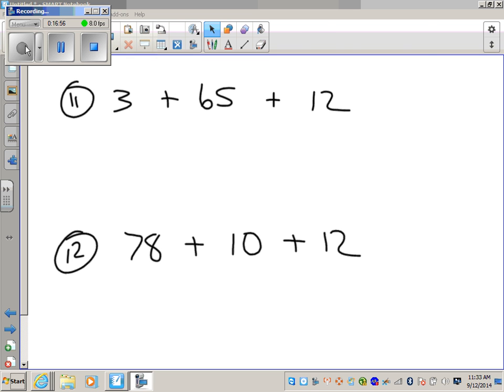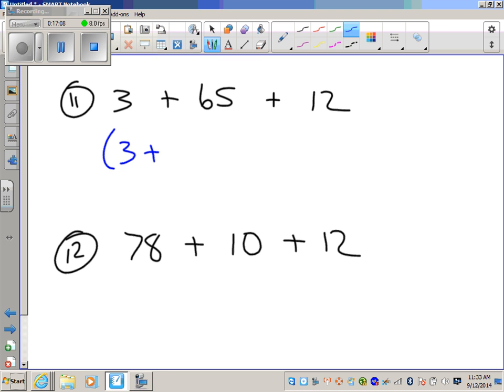Right. Okay, and what property was that? So you can either call it commutative or you call it associative. Because if it were me, I would do this first and then add to the 65. But it doesn't matter what I would do in this situation, because the properties themselves tell you you can do them however you want.